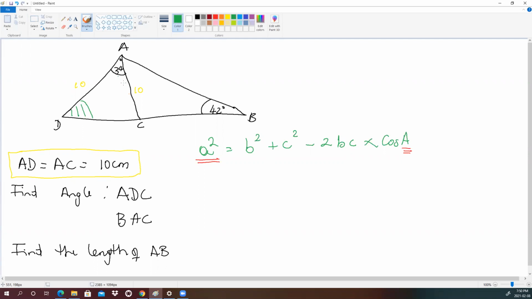It depends on the information that you get. Remember, we used this cosine rule last week to find a side already, and we rearranged this formula to find an angle already. So you can use the cosine rule to find either the side or the angle, depending on the information you have. Let me give you an example now.